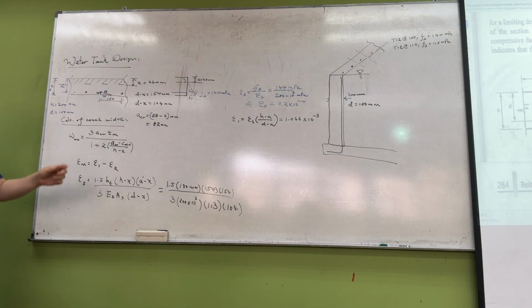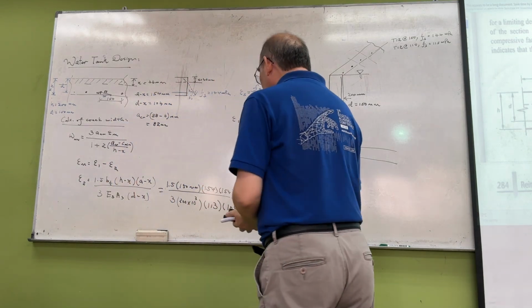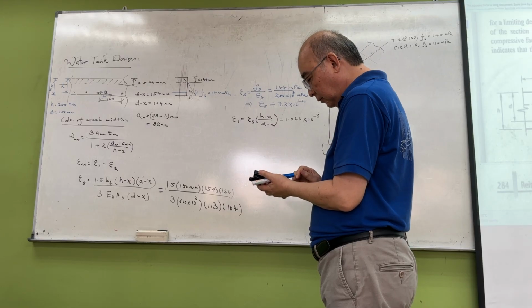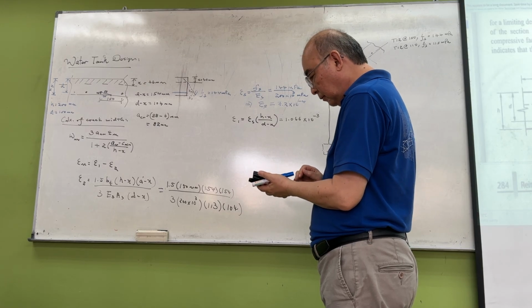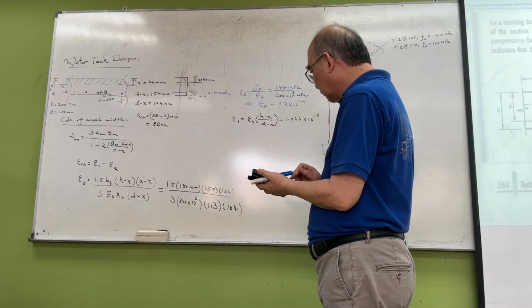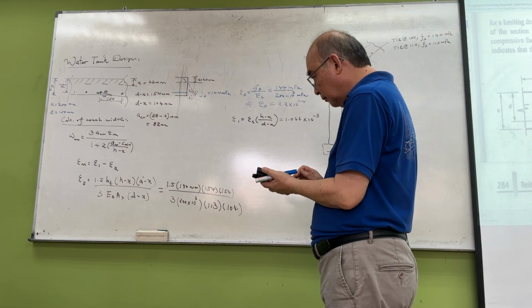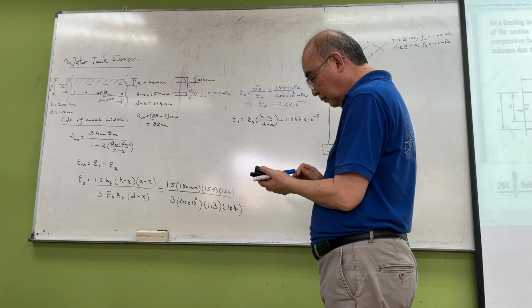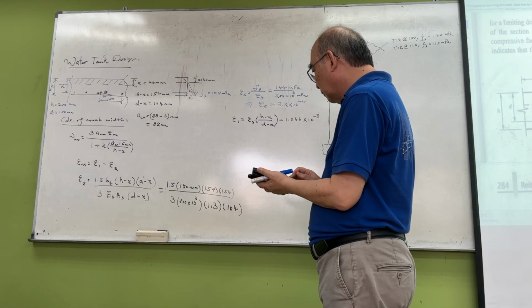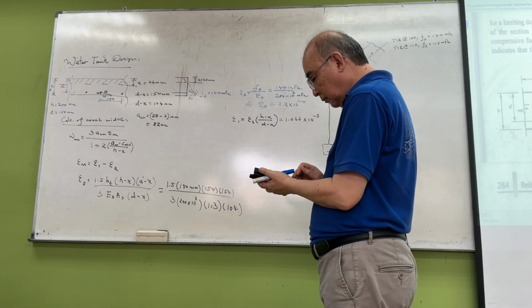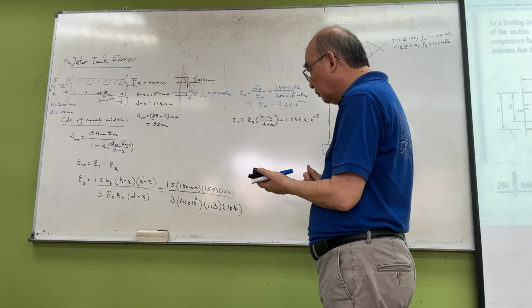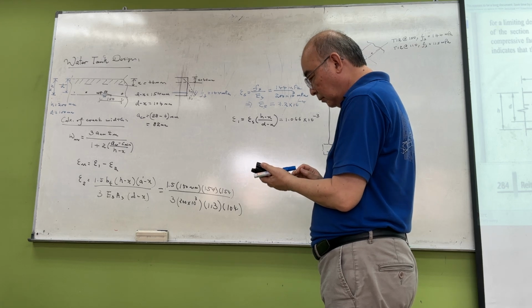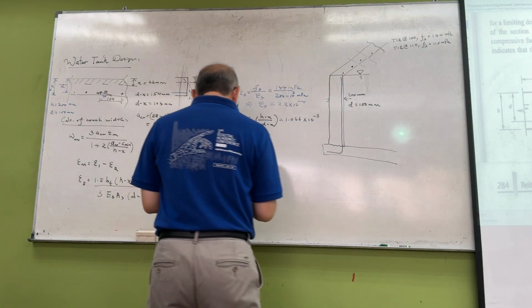So what's this value here? So this is epsilon 2.